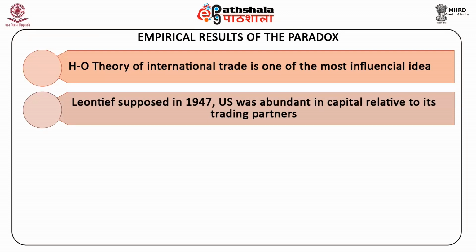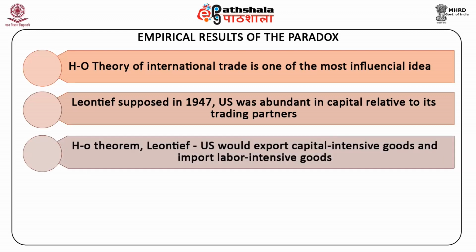Leontief supposed correctly that in 1947 the United States was abundant in capital relative to its trading partners. Thus, from the Heckscher-Ohlin theorem, Leontief expected that the United States would export capital-intensive goods and import labor-intensive goods.